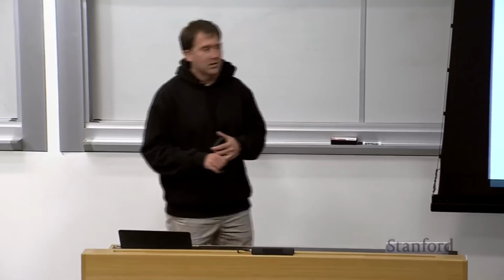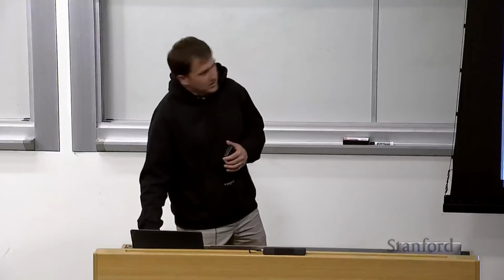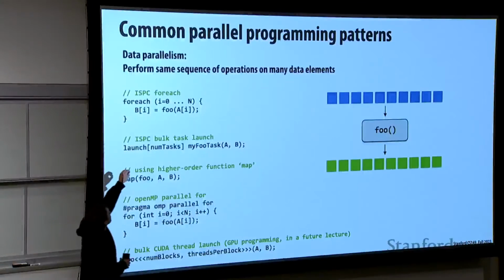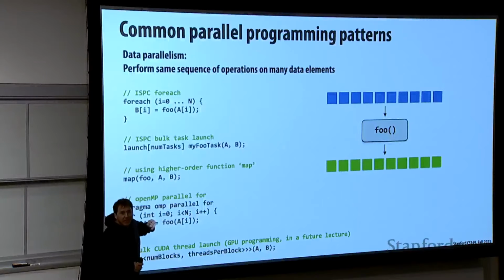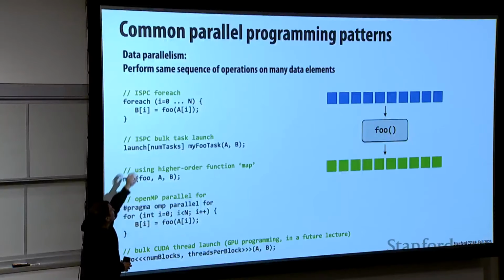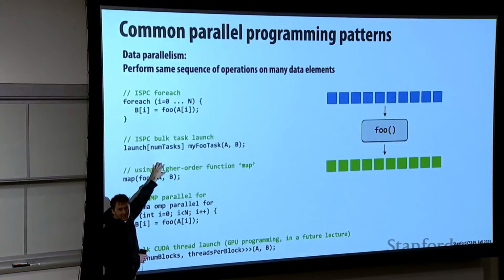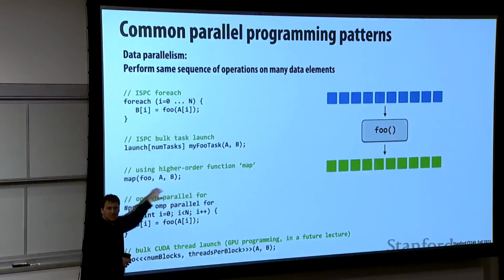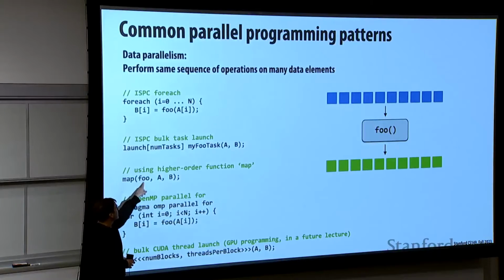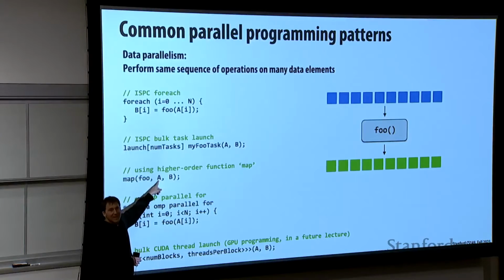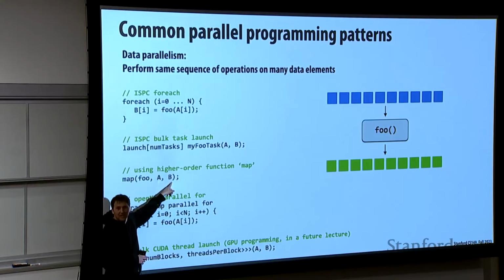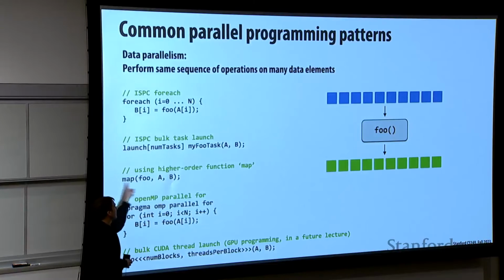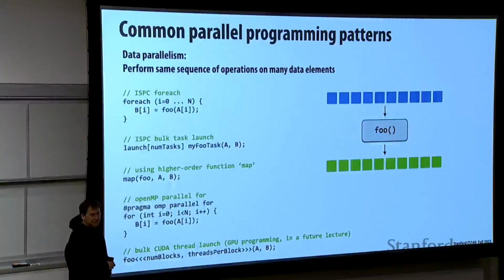So all the code that we have looked at had this structure, for each element of the array. Later in the course, we'll talk about functional abstractions, which say run the function foo on every element of the array A and put the output in every element of the array B. This is more of a PyTorch kind of way of thinking about things.